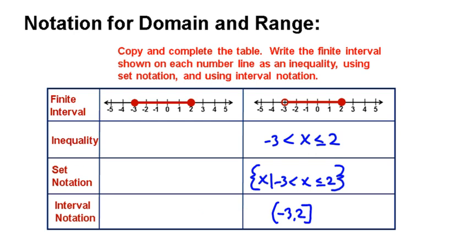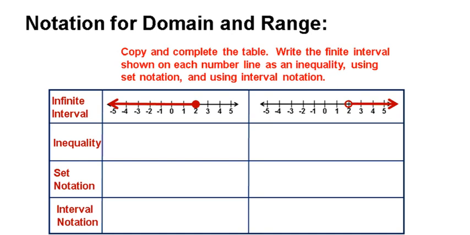And let's go on to these two here. You can just pause the video and work ahead and see if you got it right. Okay, on the left side, inequality notation, we have x is less than or equal to -2. So x is less than or equal to, I said -2, should be 2.